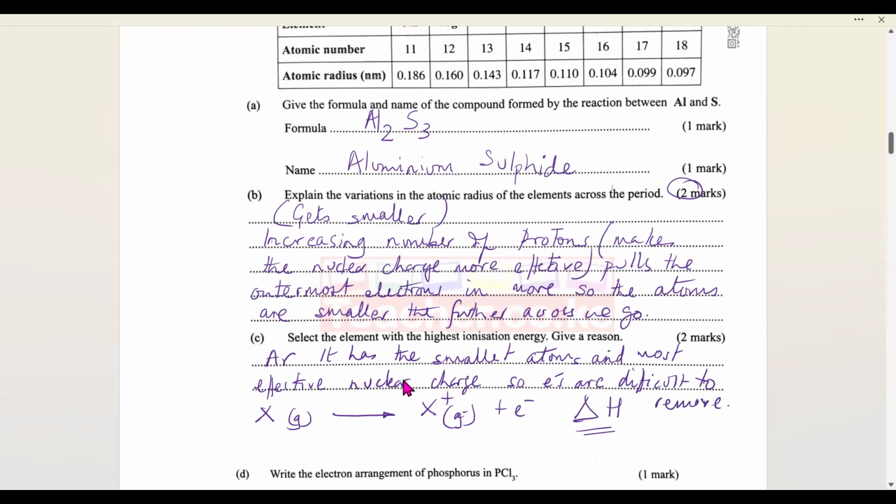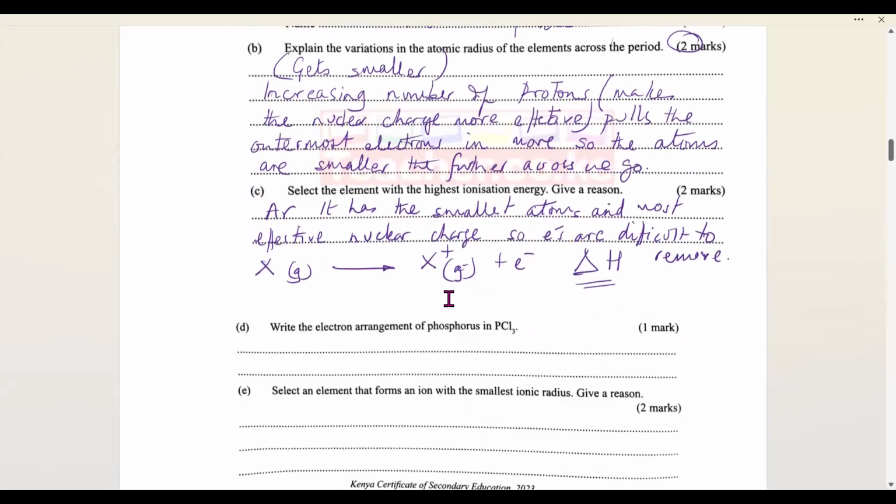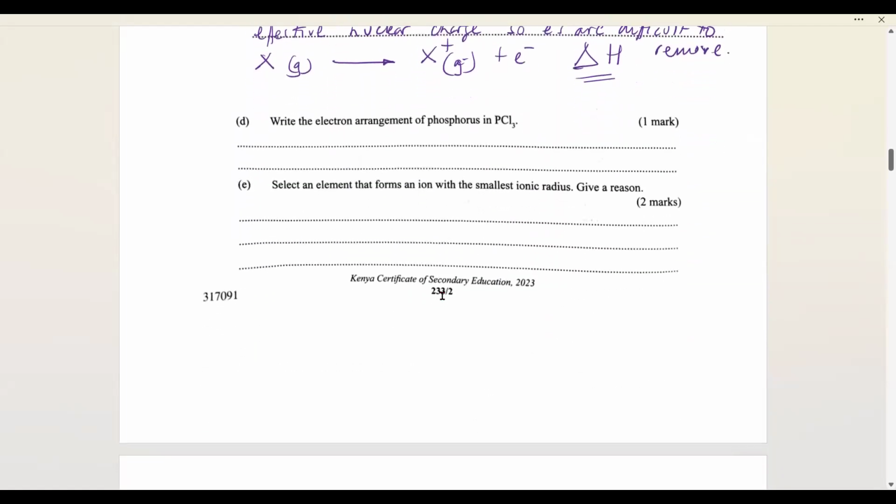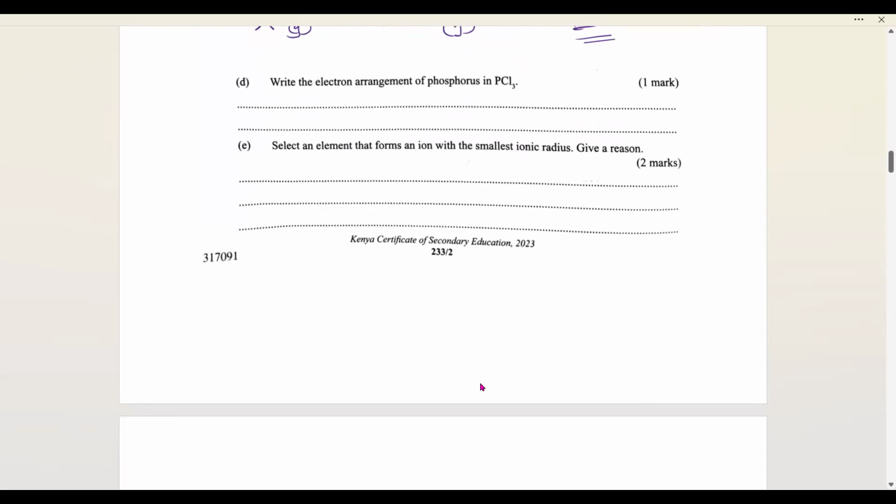Now, this question goes on. So here we are. It says first, write the electron arrangement of phosphorus in PCl3, and then select an element which forms an ion with the smallest ionic radius, and give a reason.